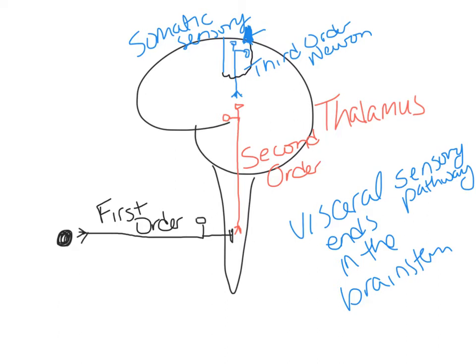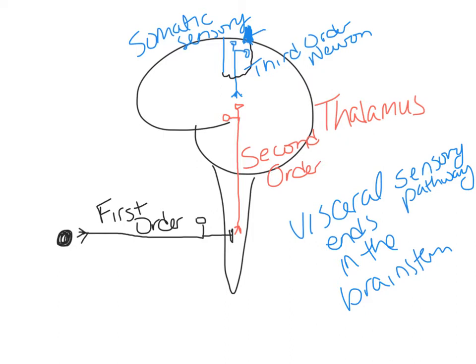Now let's talk about that second order neuron. Okay, that red one here, that second order neuron. Somewhere in that spinal cord, that second order neuron is going to cross over to the opposite side of the spinal cord.